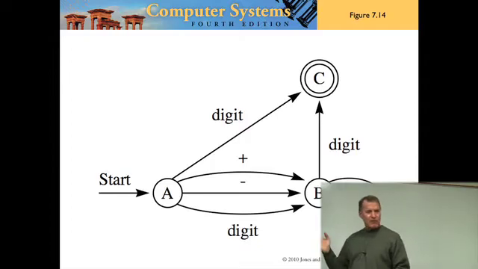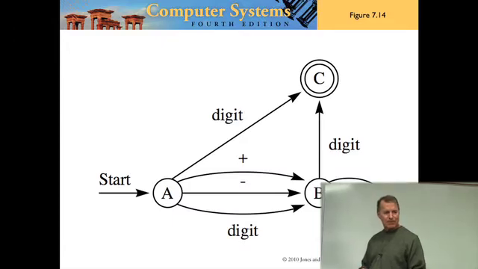Didn't we have a grammar that recognized the signed integer before too? Yes. This is with either plus or minus, or the empty string. This one doesn't have an empty transition on it. We're going to get to that in a minute.